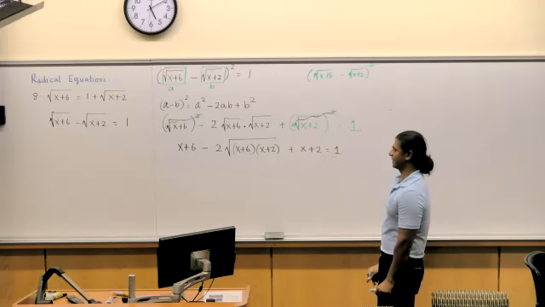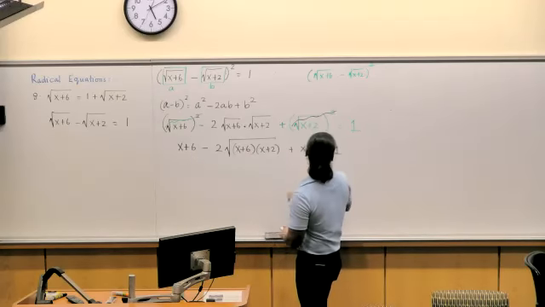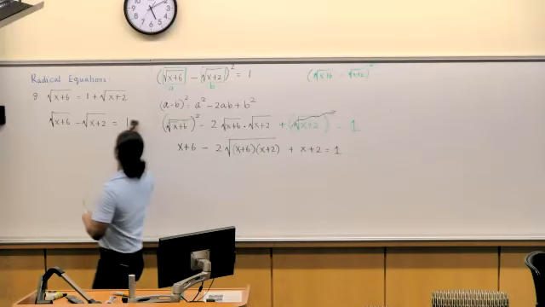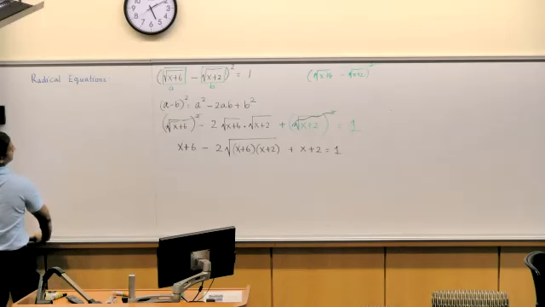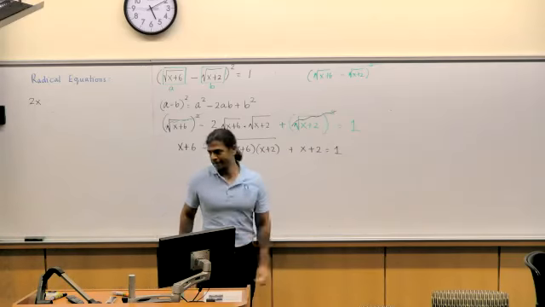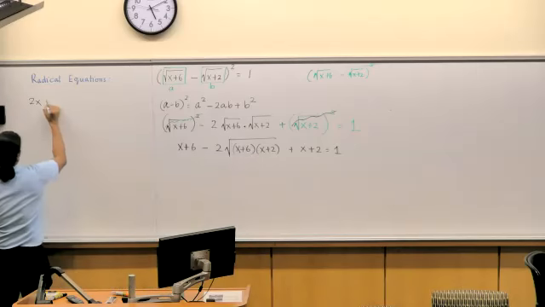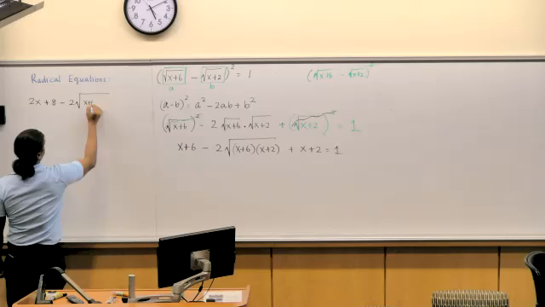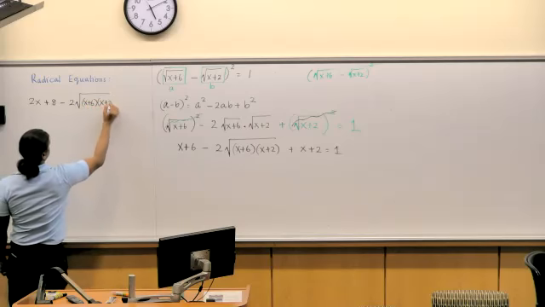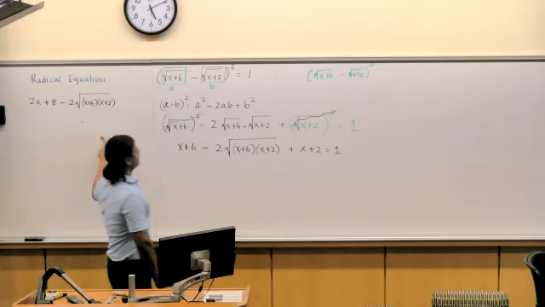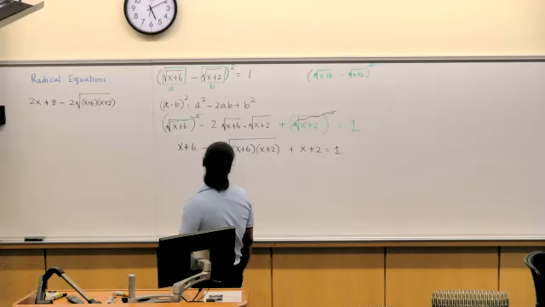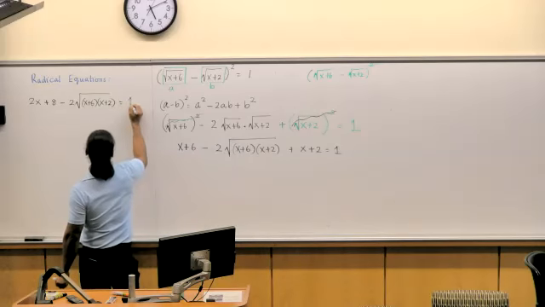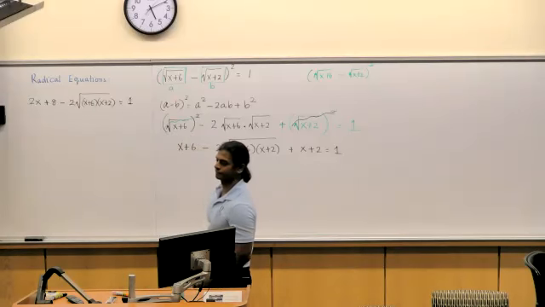I can combine the x's. x plus x is 2x. Six plus 2, 8. Minus 2 root x plus 6 times x plus 2 would equal 1. Good.